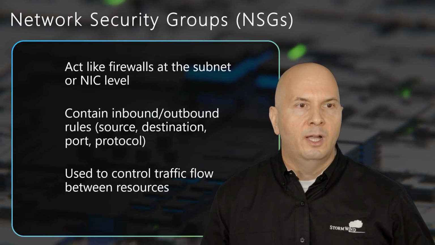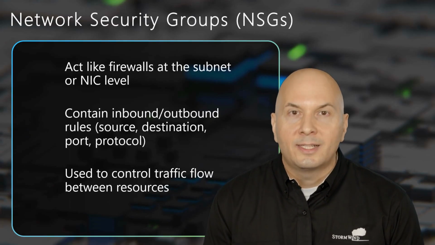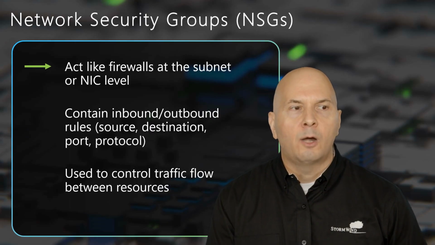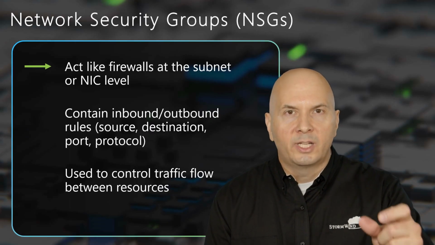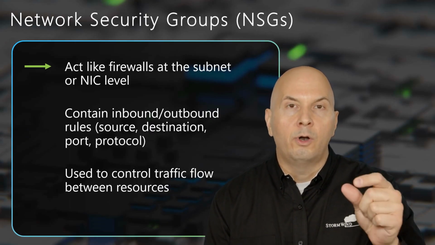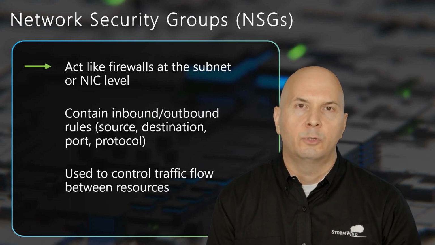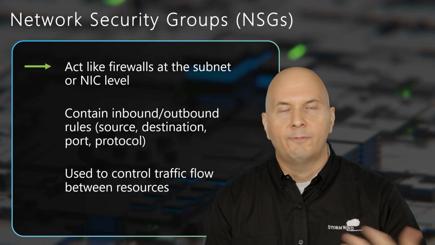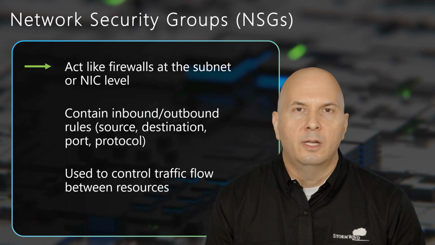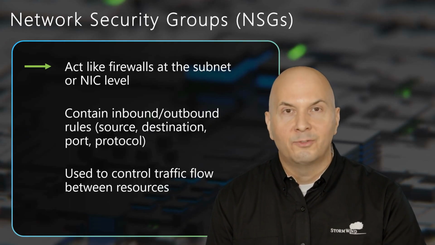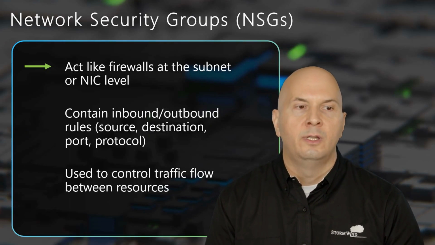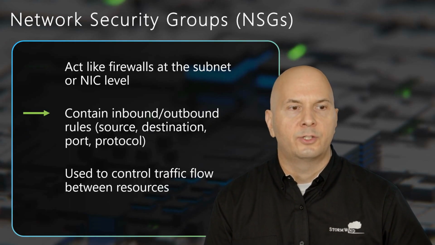Okay, network security groups are the next thing that's really interesting. This acts like a firewall, and it's something you can connect to a subnet or directly to the NIC on a virtual machine. This just controls the traffic that's flowing across, so within the virtual network, between virtual machines, or even across those peered connections.